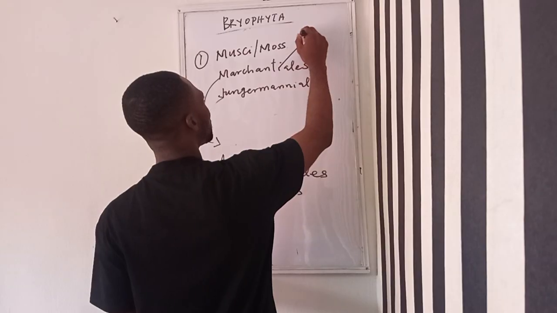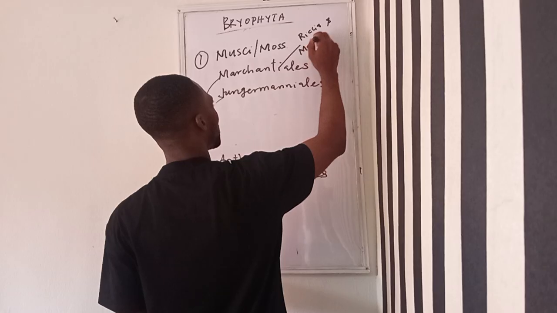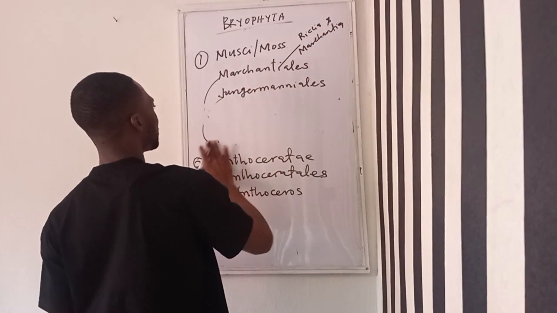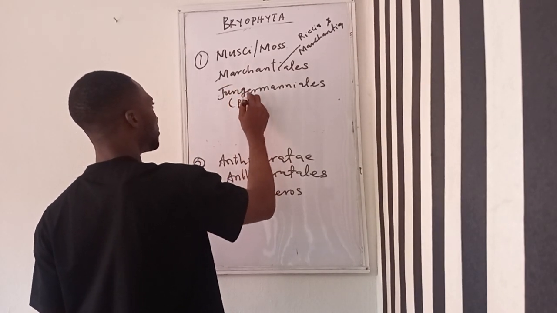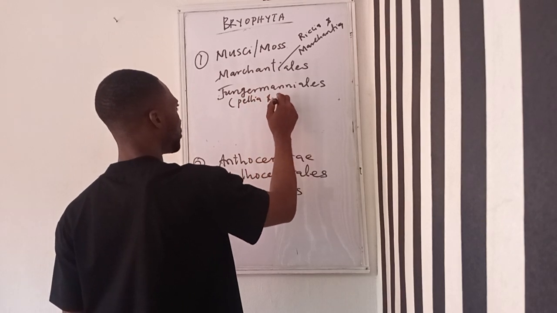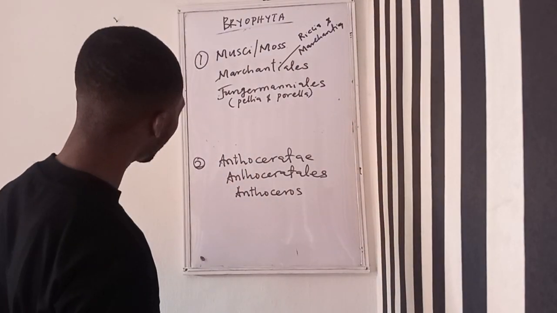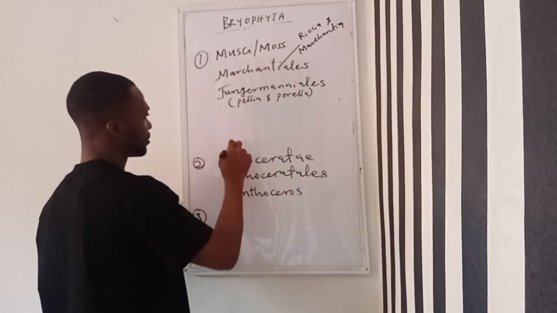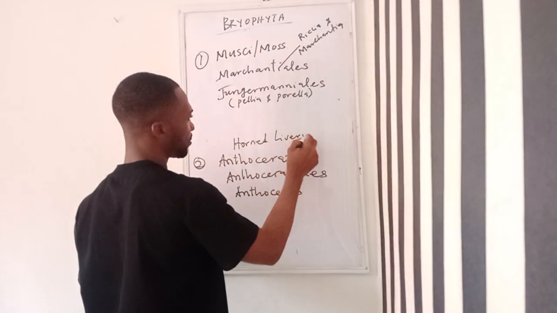So let me write this in this way so that you won't be confused. Here we have Riccia and Marchantia. Here we have Pellia and Porella. The last one is also called the horned liverwort.